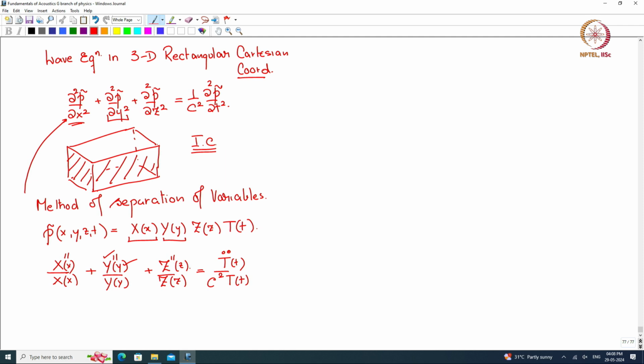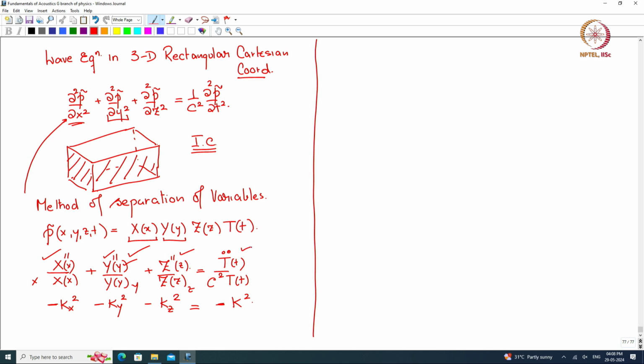Okay. So now what we will say here is that each of these, I will give it a number: minus kx square, minus ky square, minus kz square, and equal to minus k square. Why? Because this is purely a function of x, this of y, this of z, and this is purely a function of time.